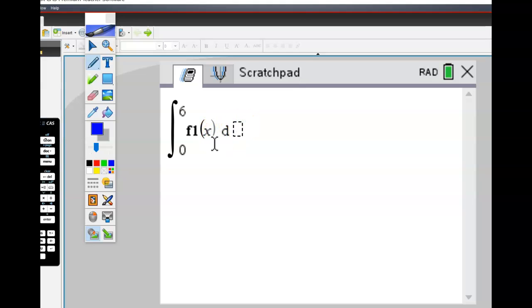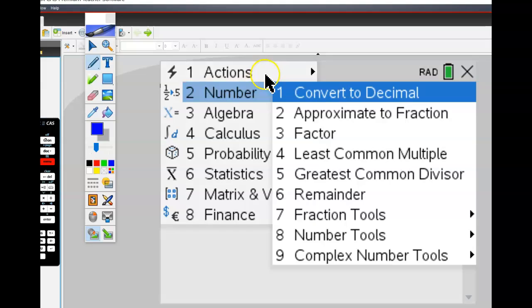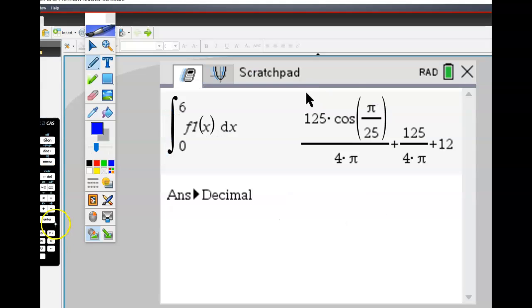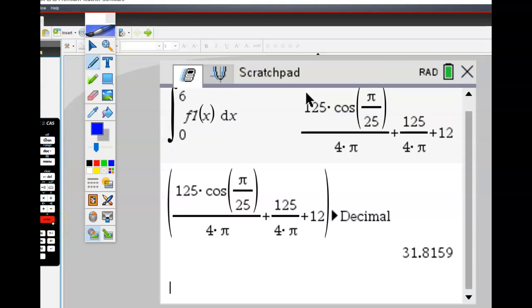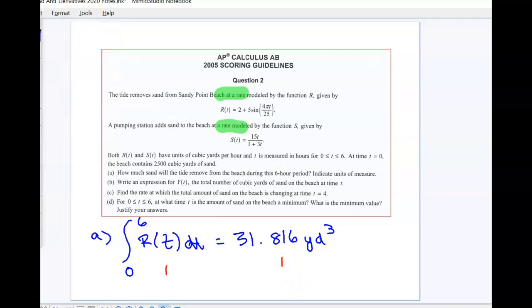If I hit enter, I get a goofy answer, but I can just convert that to a decimal: 31.816, so this equals 31.816 cubic yards. For that question, in 2005, they gave you 2 marks: 1 mark for the correct integral, and 1 mark for the answer with units.